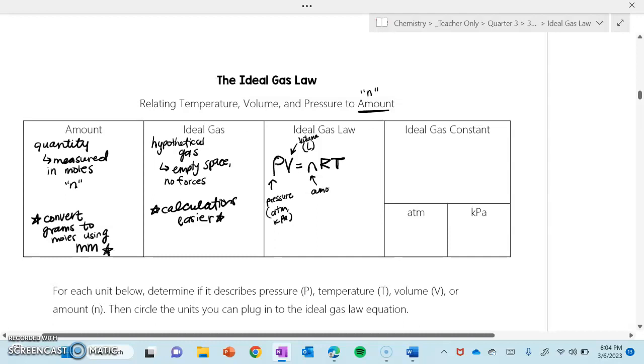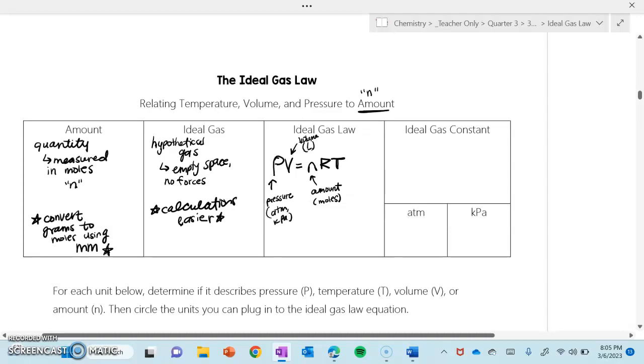n, we've already discussed, is the amount, and this needs to be in moles. While we're talking about amount really quickly, if you remember back to the guy who figured out moles, his name was Avogadro, and he has a gas law called Avogadro's law that shows amount and volume are directly proportional. That's why it's on the same side as temperature over here and opposite of pressure and volume.